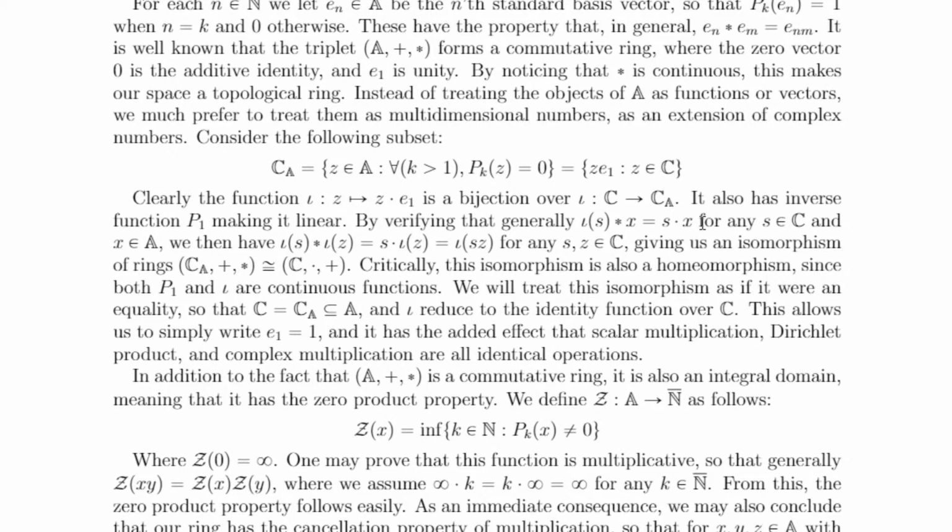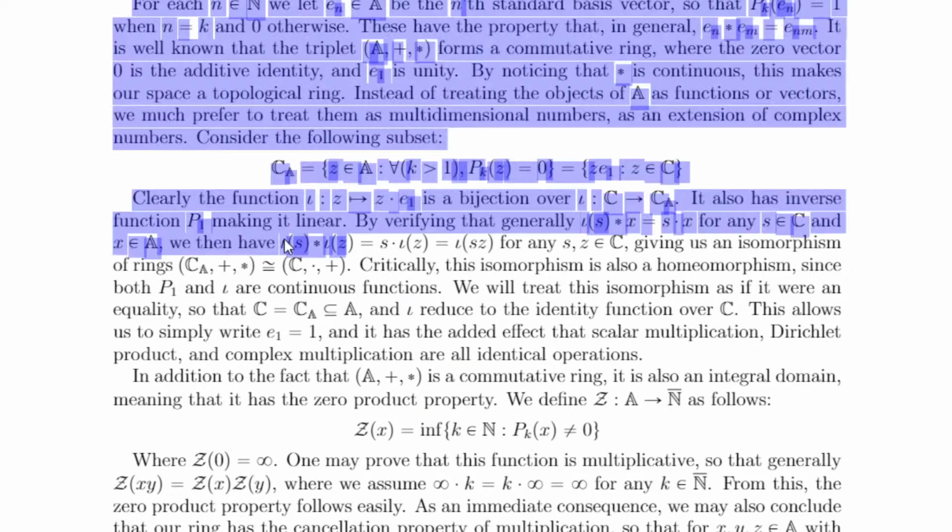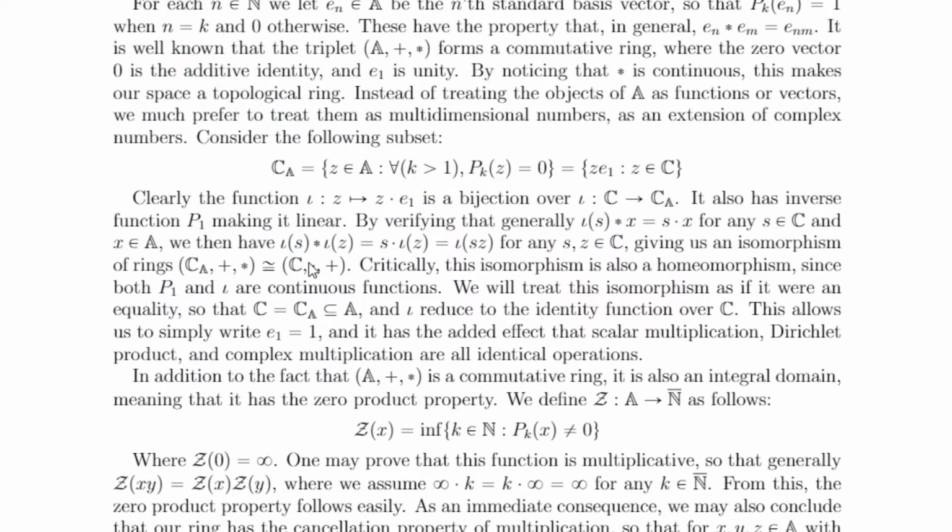And that's really useful because if, instead of just x, we had two complex numbers and we include both of them into the space and then use the Dirichlet product on them, it's the same as just using pointwise multiplication of s on the second one. But this inclusion map is linear, so we can just pull the s in. And this ends up being the inclusion of s times z.